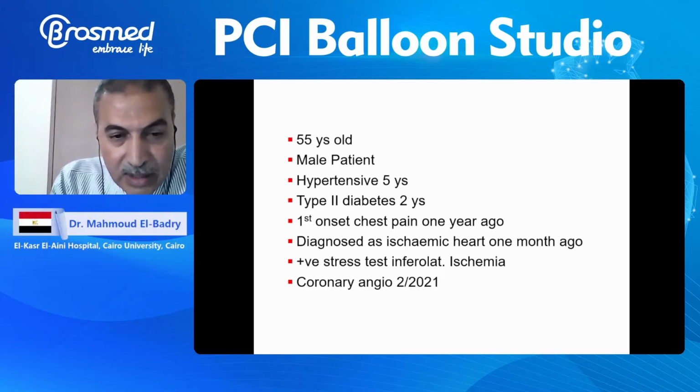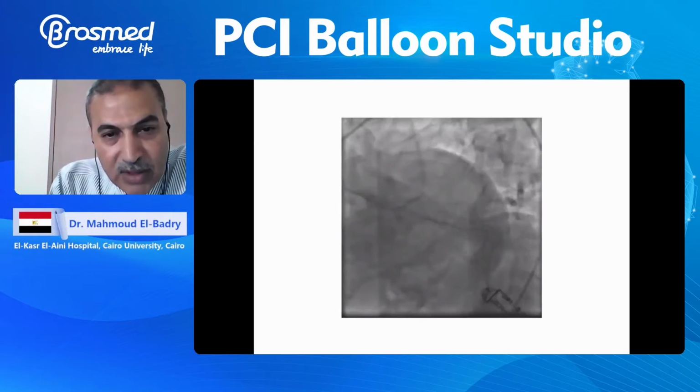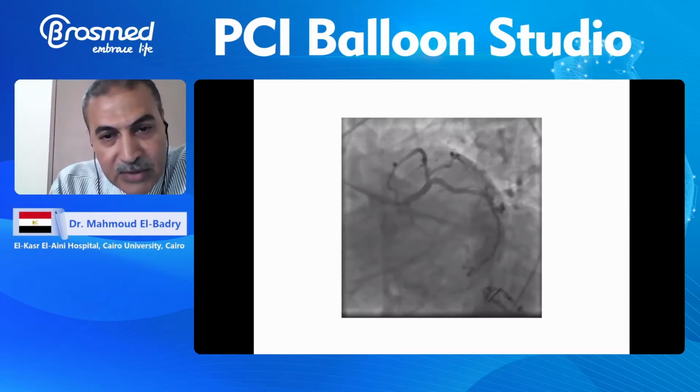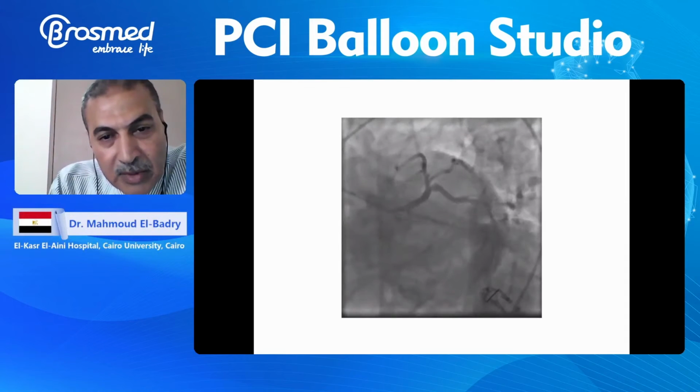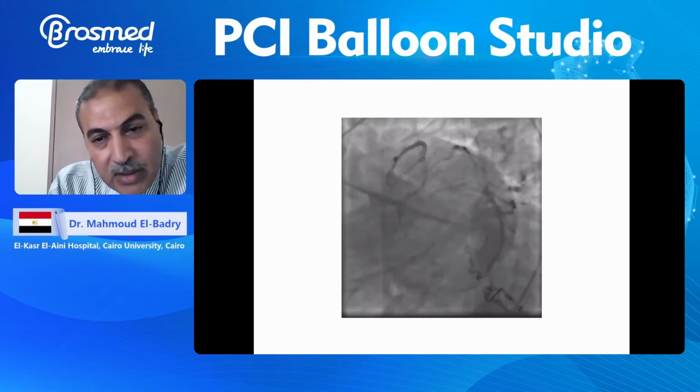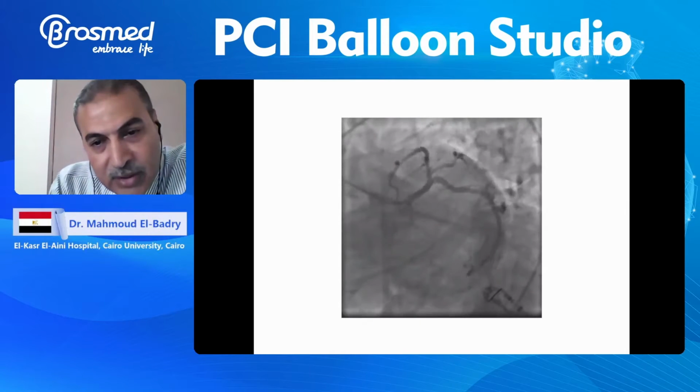He had a positive stress test, positive for anteroventral wall ischemia, and coronary angiography was done. We have the left coronary system injection. The second branch is totally occluded, and there is a lesion in the first branch.